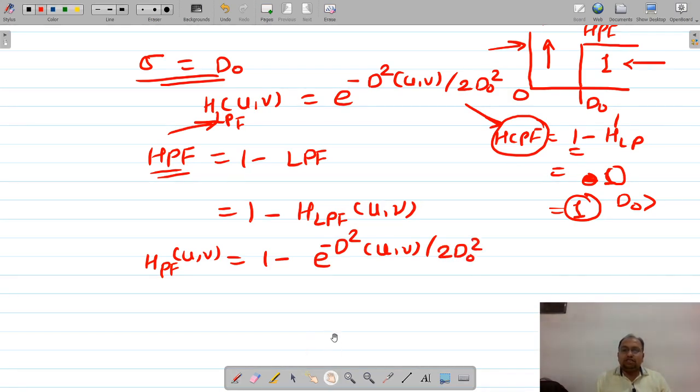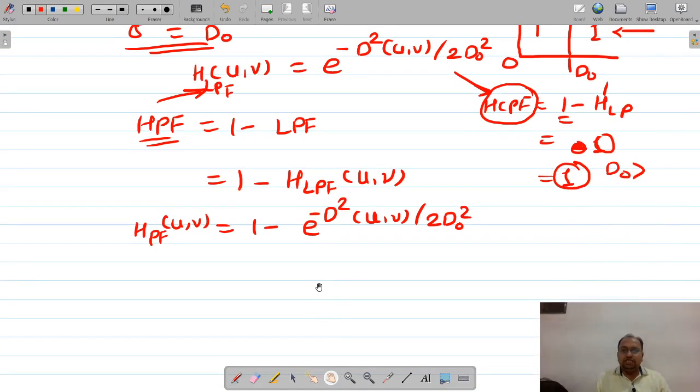These are the Gaussian filter equations of the low pass and high pass filters. Remember these equations.